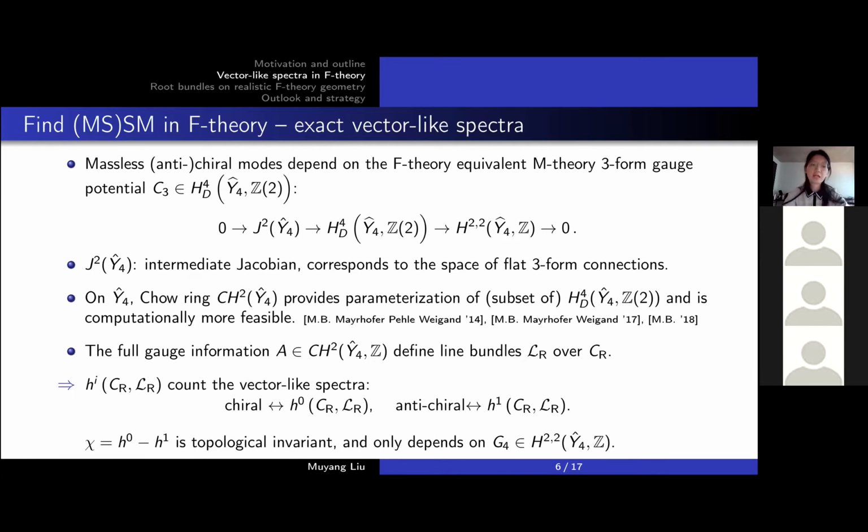Therefore, the full gauge data as elements A inside the Chow ring define line bundles L_R over the matter curves, and the cohomology dimension of those line bundles counts the vector-like spectrum, with the chiral modes counted by H0 and the anti-chiral modes counted by H1.